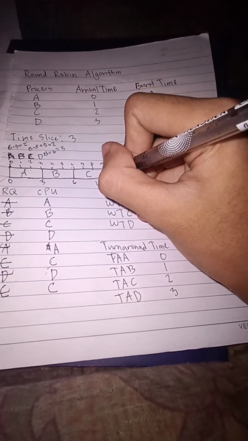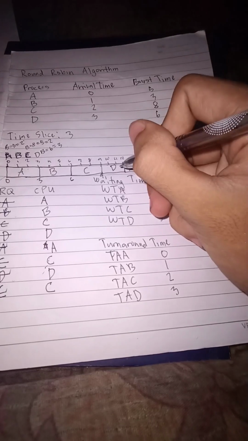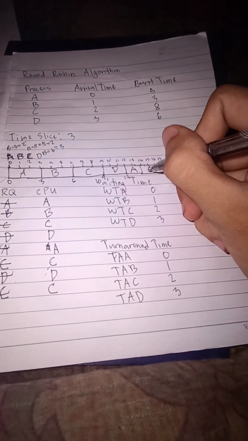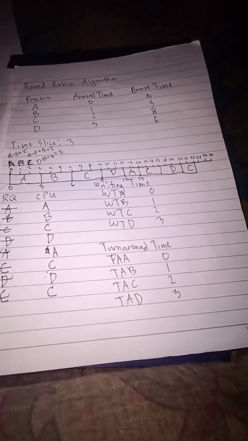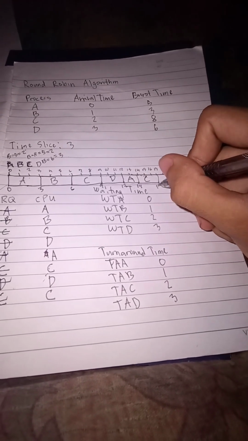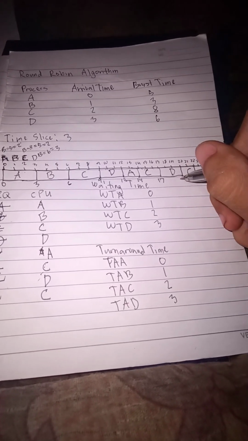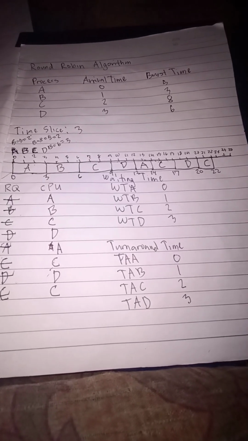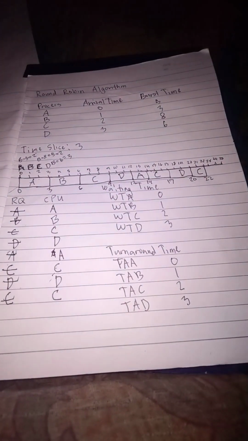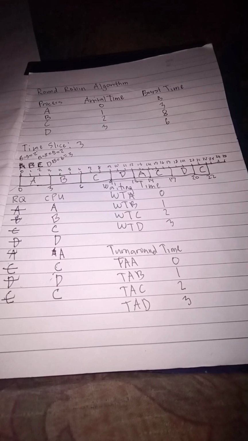6, 9, 12, 14, 17, 20, and 22. The waiting time is the time where the process waits. To put it simply, the waiting time is where the process is not yet executed.